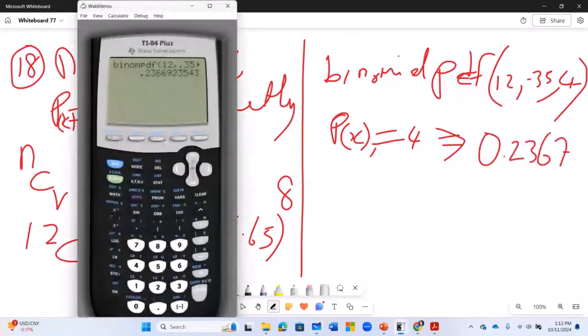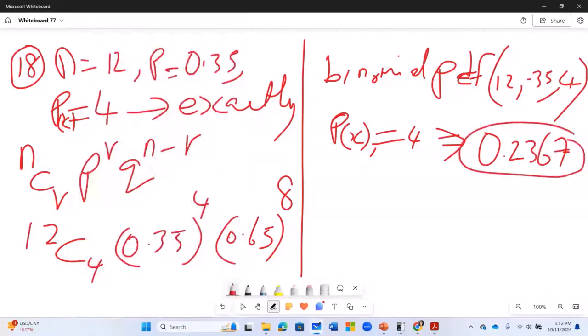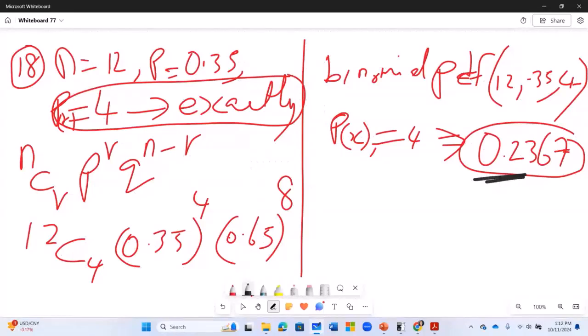So this is a single probability, an example of exactly probability. Exactly probability is a single probability. You do binomial PDF for exactly probability.